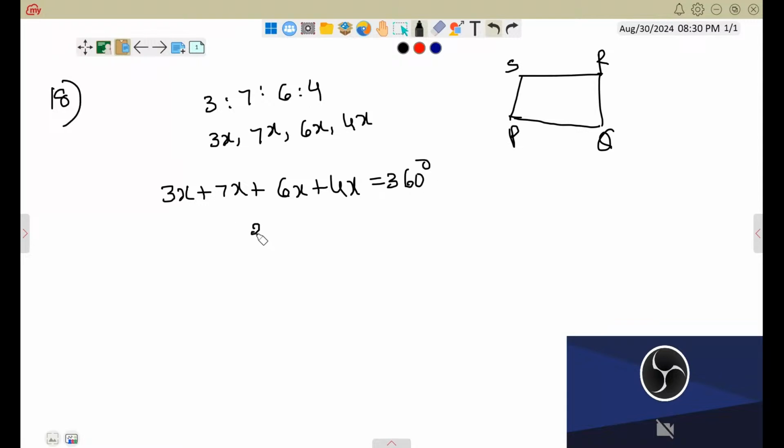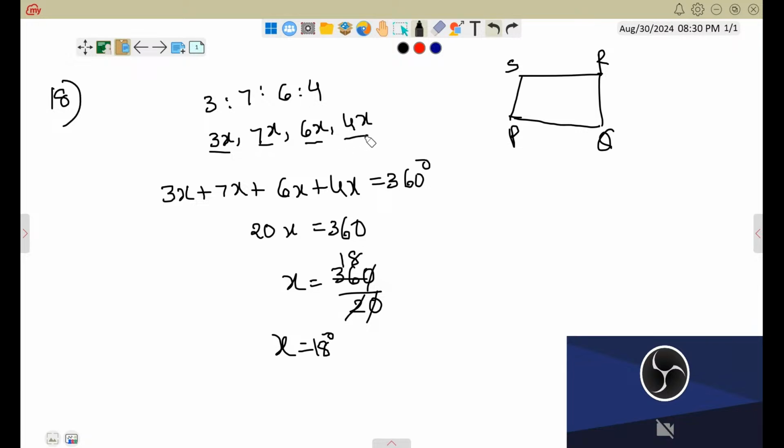So total 20x is equal to 360. x is equal to 360 by 20. Zeros cancel. x is equal to 18. Now, what is 3x? What is 7x? What is 6x? What is 4x? You have to find the values of all these.